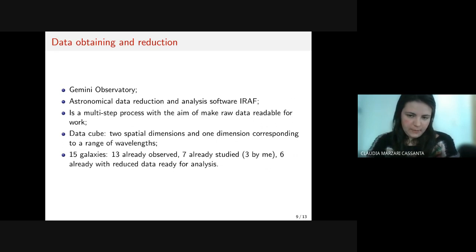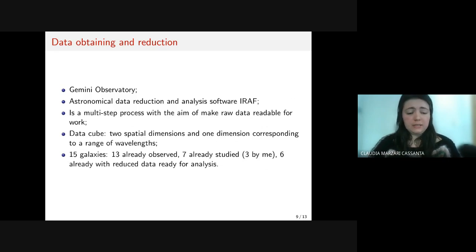It is made with IRAF software, astronomical data reduction and analysis software. And the final product of the data reduction is the data cube, which is 3-dimensional. It has 2 spatial dimensions and 1 dimension corresponding to a range of wavelengths.